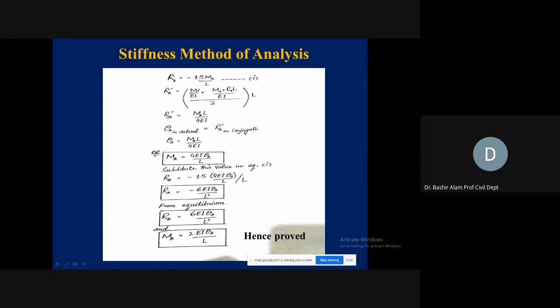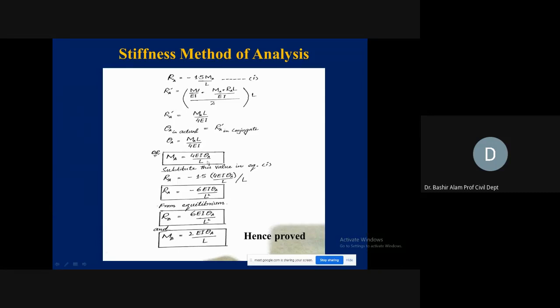From that relation now, instead of RA, we can say theta A from the actual. And this is MA divided by... If we rearrange this, MA is equal to 4EI theta A divided by L. So at the near end, if theta A is given, our MA is required to produce theta A. So 4EI theta A divided by L, that we have accomplished.